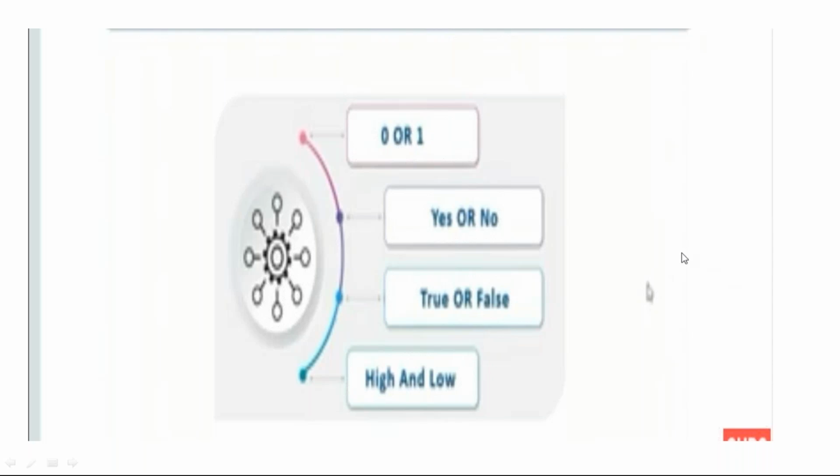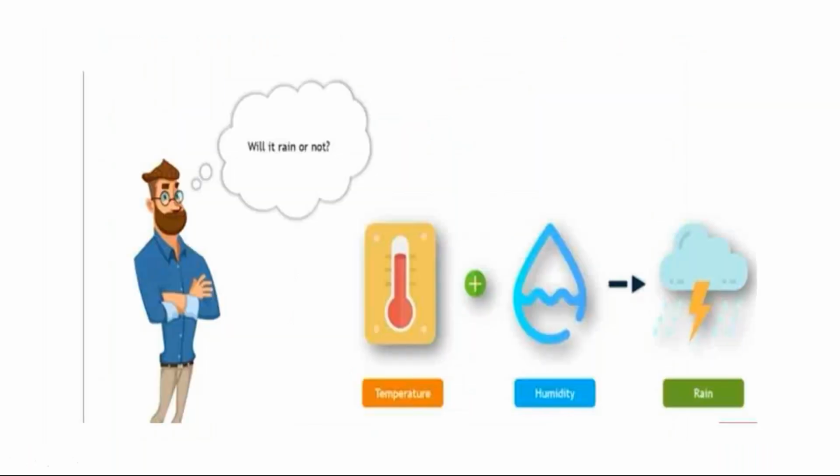So that we can see here. These are some of the use cases where I can apply logistic regression, right? For example, if you consider this, will it rain or not? It will take some parameters like this, and it will find out whether it is going to rain or not.